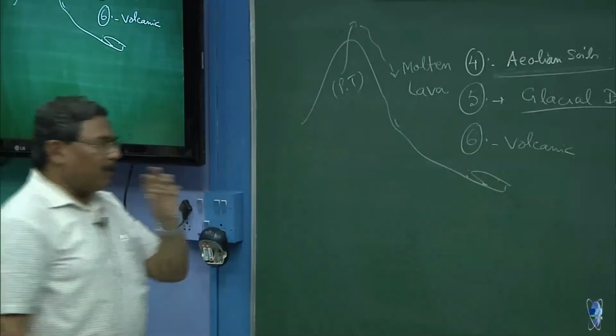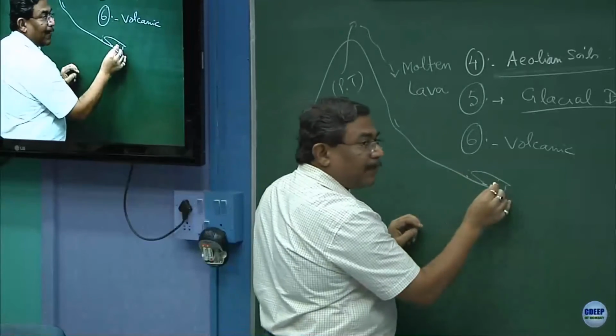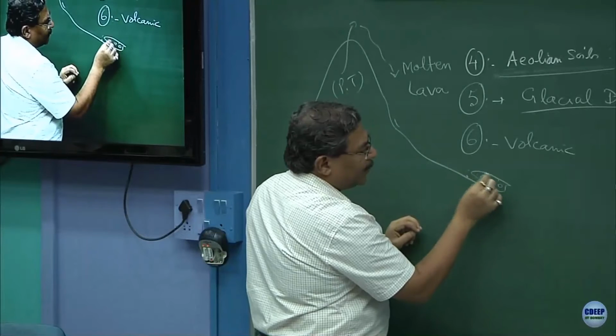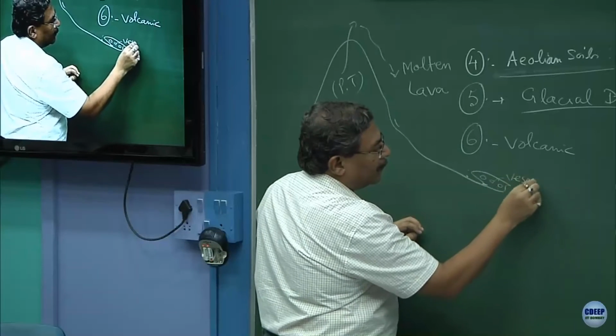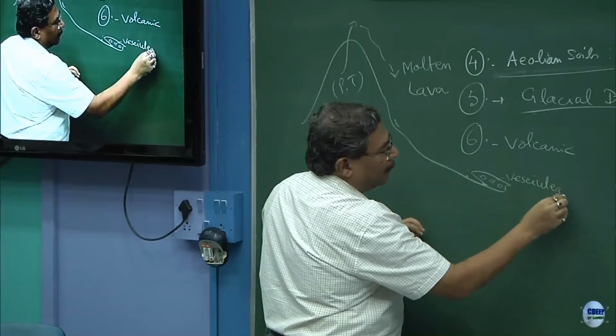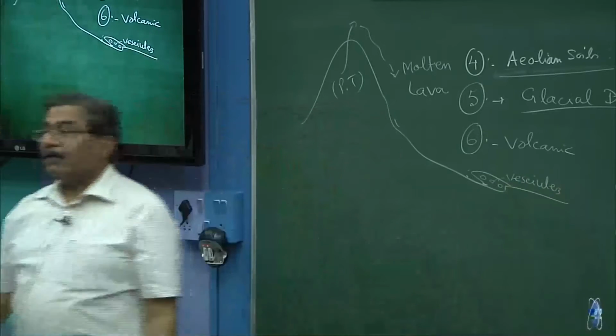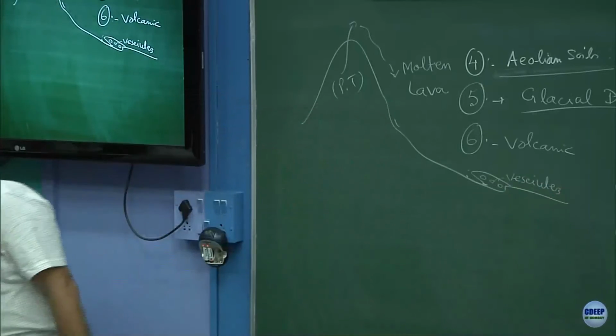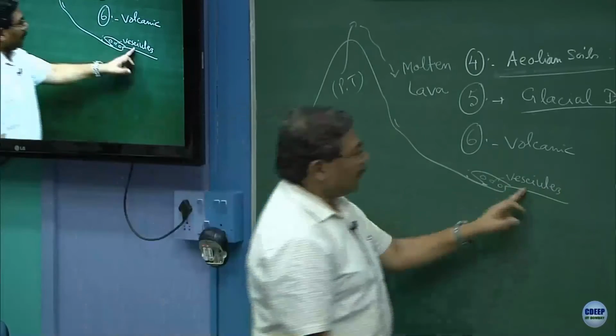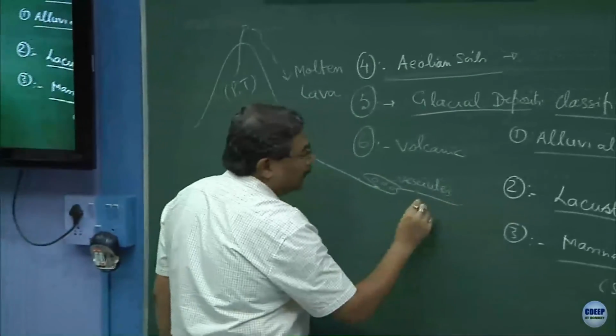And what happens? This molten lava comes and settles somewhere over here and forms the igneous rocks. And many times, because a lot of air or the gases get trapped in it, there are vesicles. We call them vesicular igneous rocks.